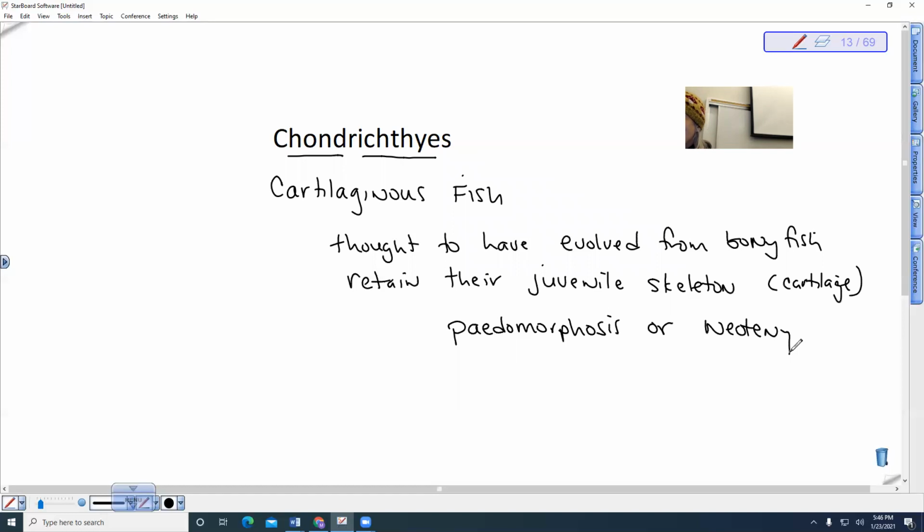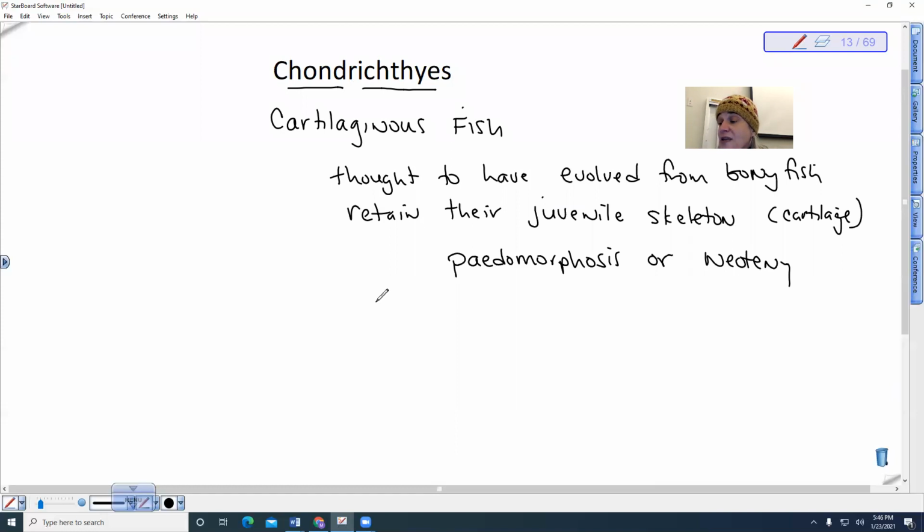So this is a mechanism of evolution. So they retained that. Our bones, even as we're fetuses, start to ossify. So they go from being hyaline cartilage, and then the matrix becomes calcium rich, and it becomes more brittle. But this is not the case with the chondrichthyes.